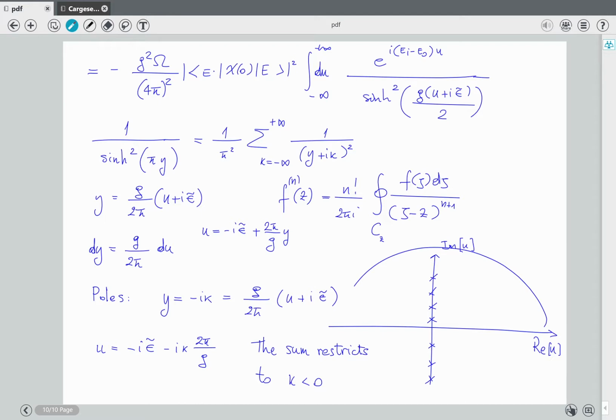And the contributions can only come, if we close the integration path in the upper half plane of the complex u, from the poles that are located here. So let us apply the change of variables as well as the residue theorem.